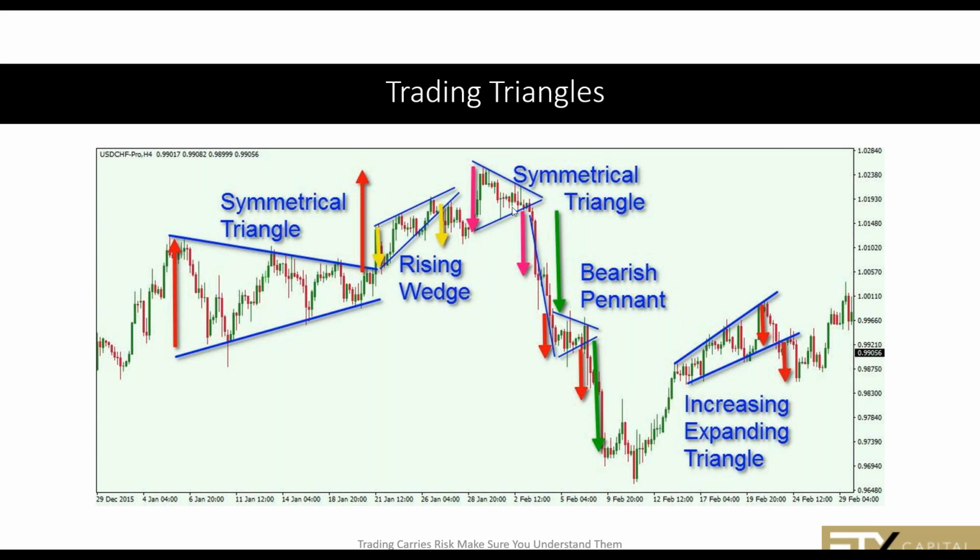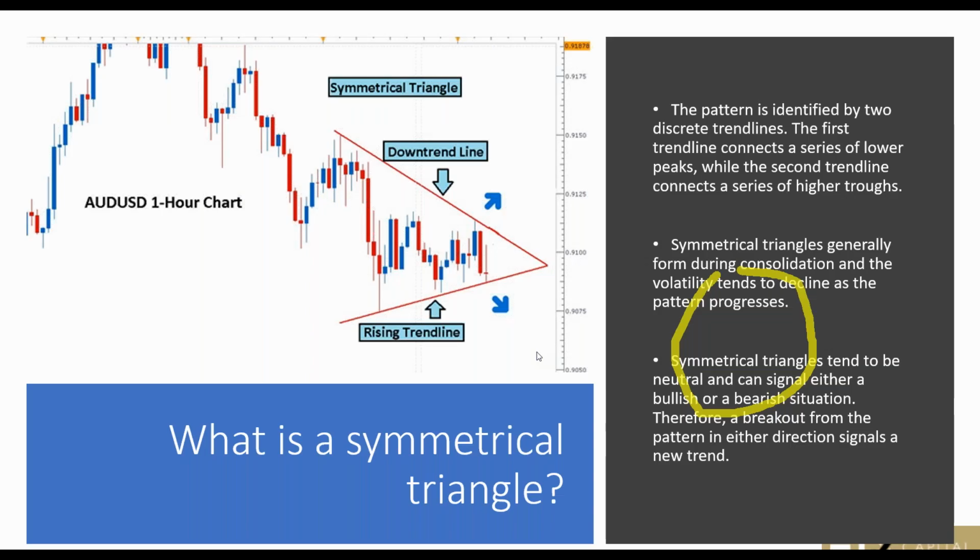Here you just have two broadening sloping lines. And on the whole, most traders don't even mention it. But you should be aware of it if you want to be well versed on triangles.